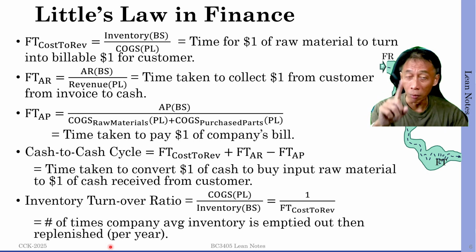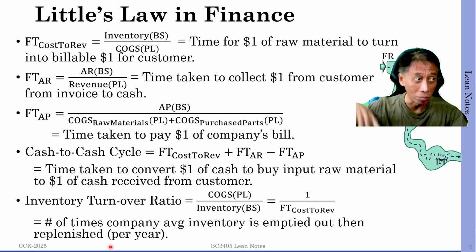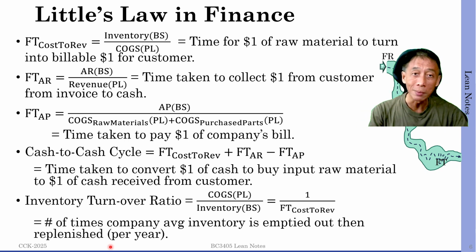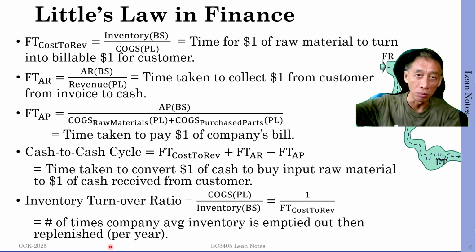You may say, wait, my average inventory is a lot, how can you compare? Because that shop's average is very little. Well, they are smart. They don't put so much money in their inventory, so they have less inventory and turn over 3 times. It's smarter than having a lot of inventory and turning over 1 time in 2 days, because your money is locked up in the average inventory.